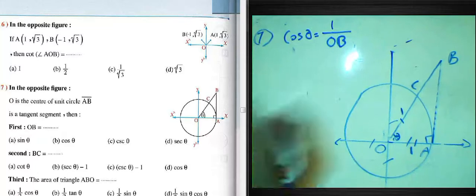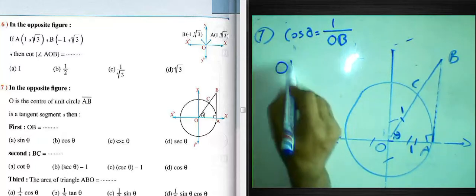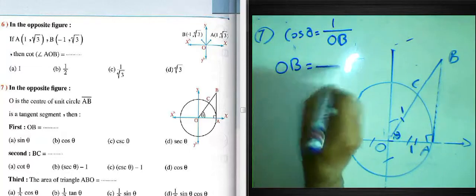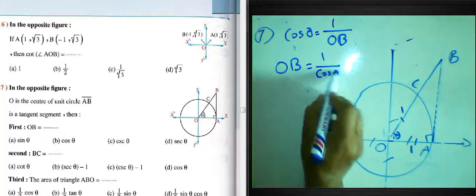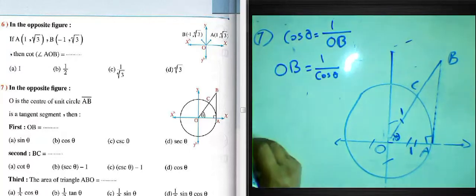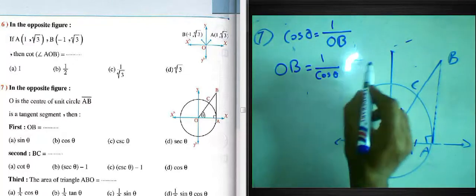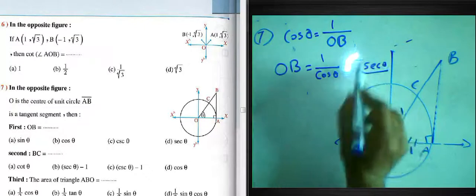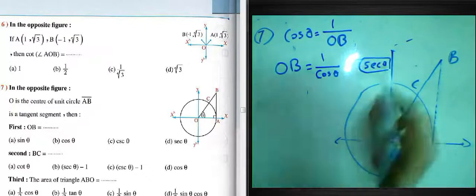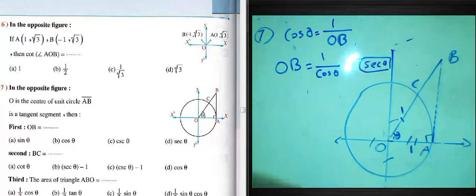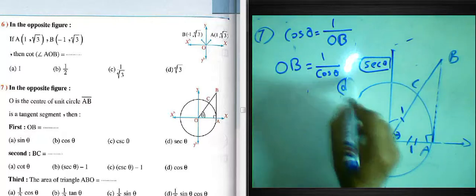So we want to find OP. Then OP will equal 1 over cosine theta. The inverse of cosine theta is sec theta. So OP will be sec theta. We'll choose letter D.